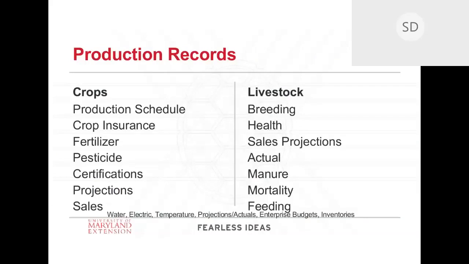Perhaps it's sales because you're at a farmer's market and you're trying to make a decision, do I come back here this year or not? So you're keeping those type of records. Perhaps it's, how much water are you using? How much electric are you using? It's the temperatures. Maybe it's projections versus actuals, and enterprise budgets and inventories.